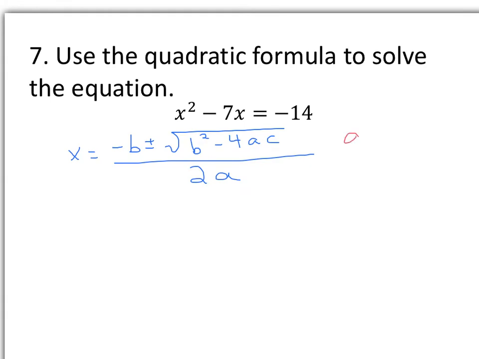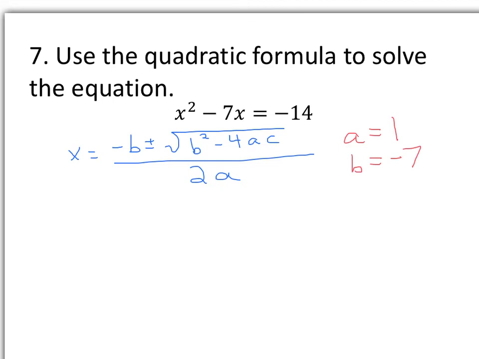A is the coefficient in front of the x squared term, which is 1. B is the coefficient in front of the x term, which is negative 7. And C is the coefficient that doesn't have a variable next to it.